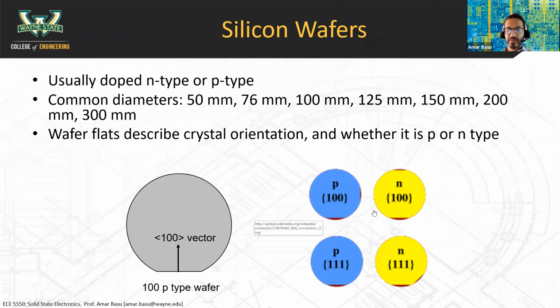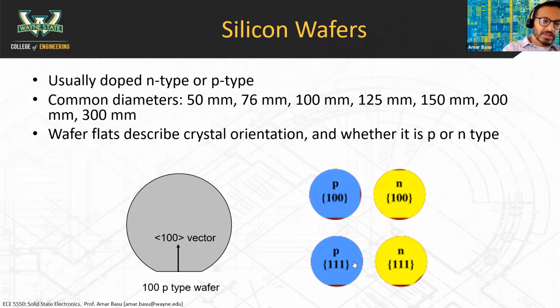Depending on where those wafer flats go, this is considered a wafer flat where it's cut like this. The wafer flats indicate what type of material it is, if it's doped p-type or n-type. And it also indicates where the silicon was cut, meaning along what crystal plane it was cut.